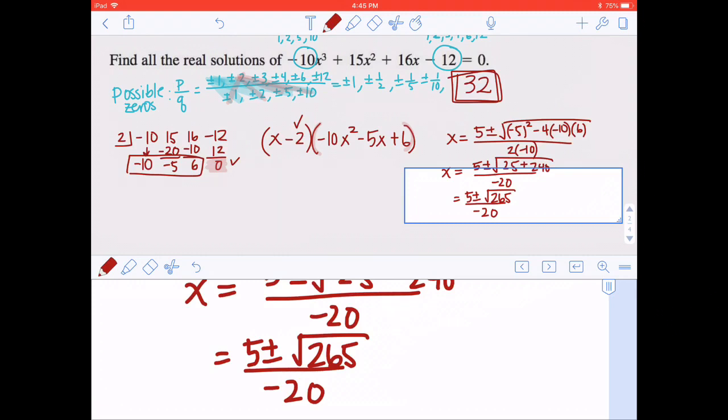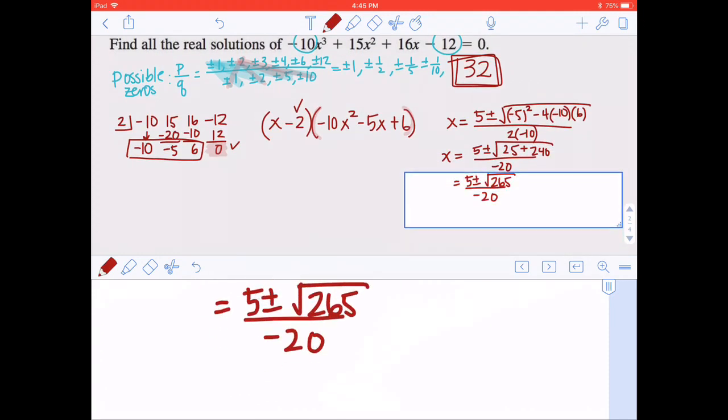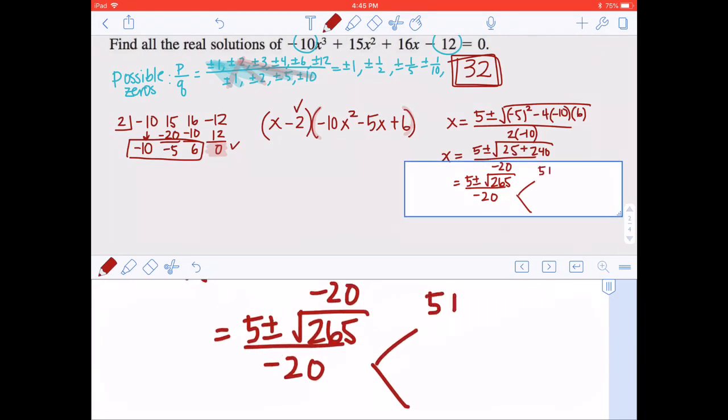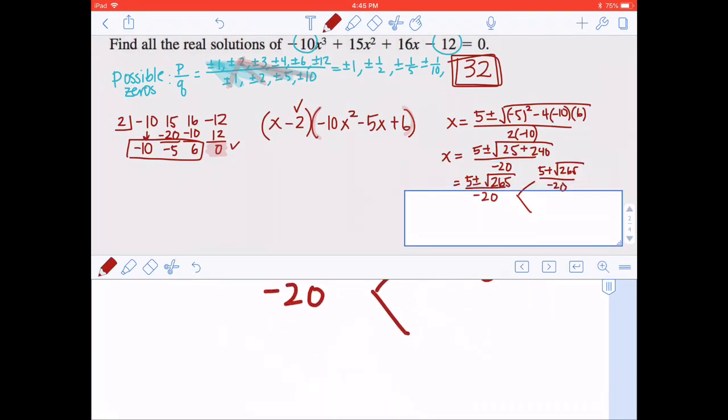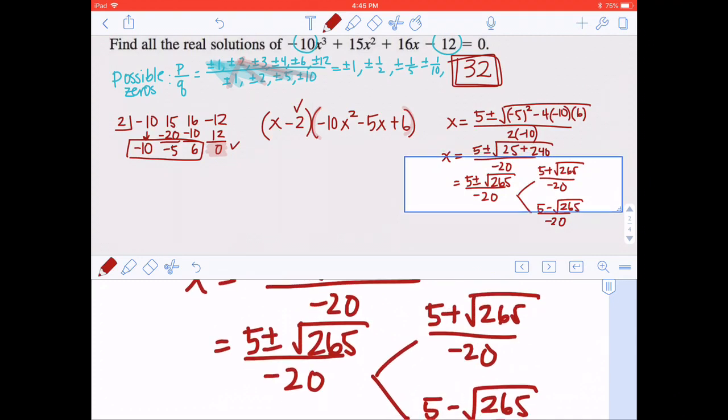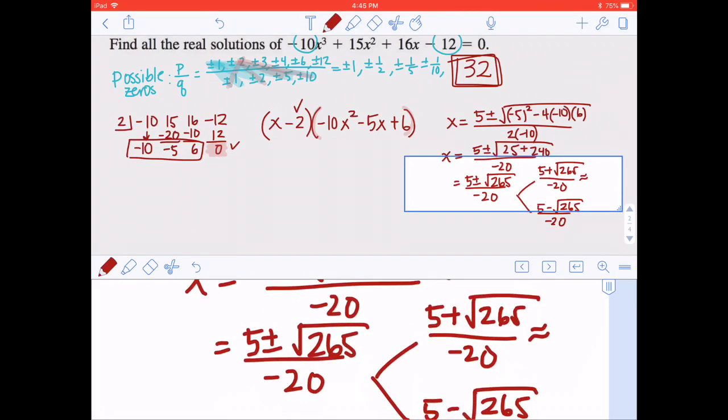When I plug this into my calculator, I'm going to plug it in as two different functions. So we're going to have 5 plus root 265 over negative 20, and then 5 minus root 265 over negative 20. And these are irrational numbers, meaning they're not going to be able to square root and divide and give you a pretty number.